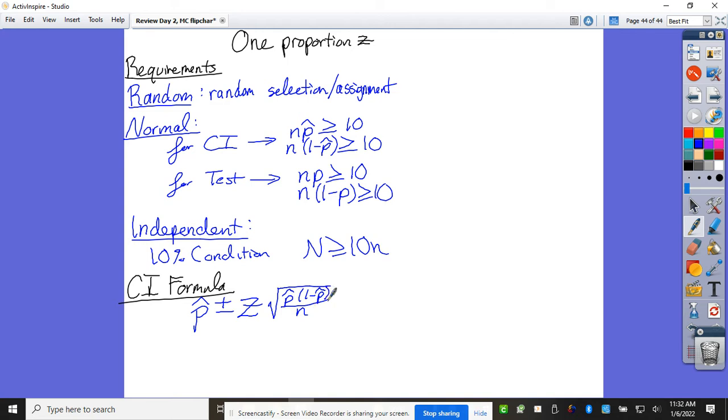And so we're using hats here because it's a confidence interval, which means we are estimating p, which means we do not have it.